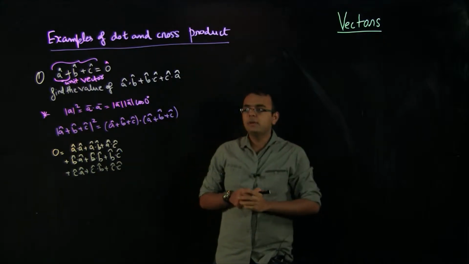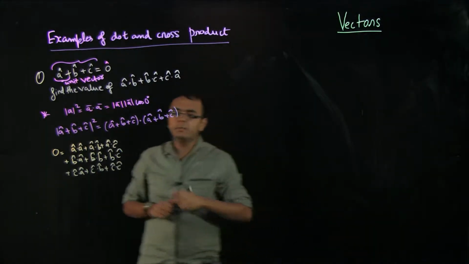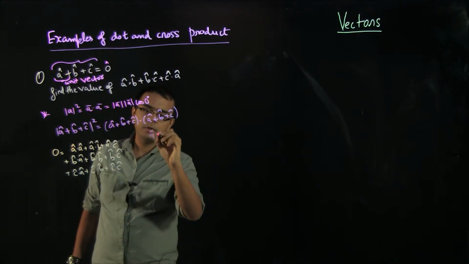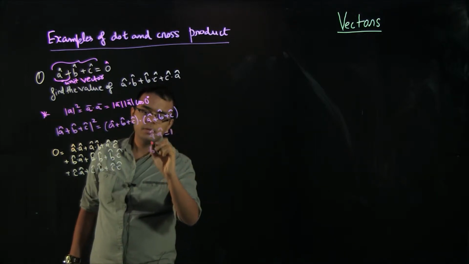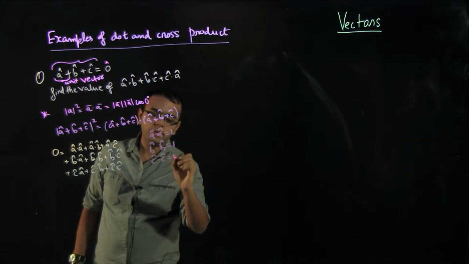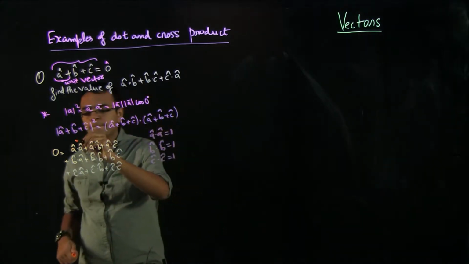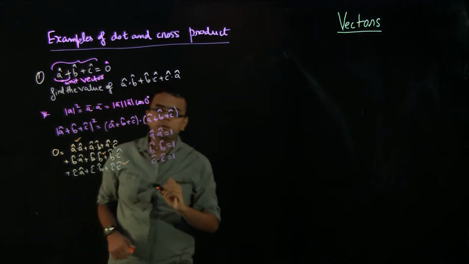Now we know that a cap, b cap and c cap are unit vectors, and that implies that a cap dot a cap is equal to 1, b cap dot b cap is equal to 1, and c cap dot c cap is equal to 1, right?